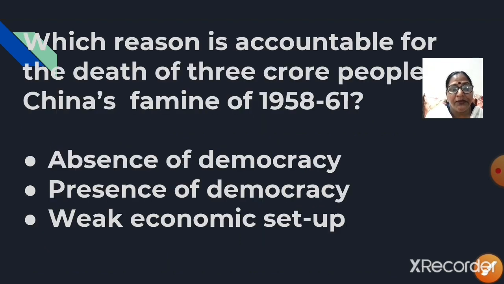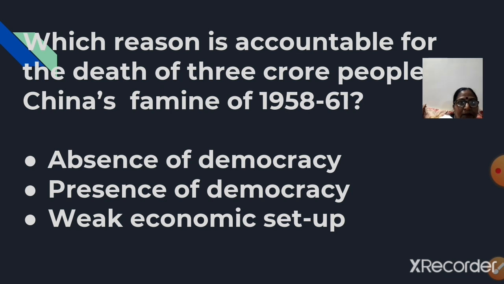Now let's move on to the next one here. Which reason is accountable for the death of nearly 3 crore people in China's famine of 1958-61?